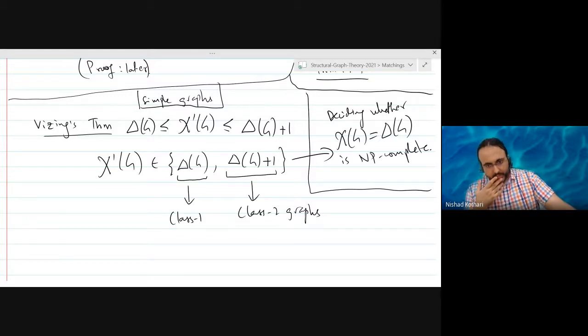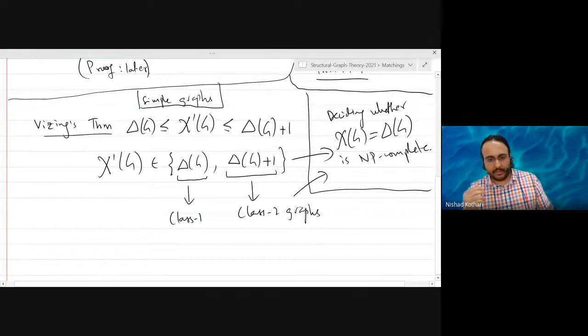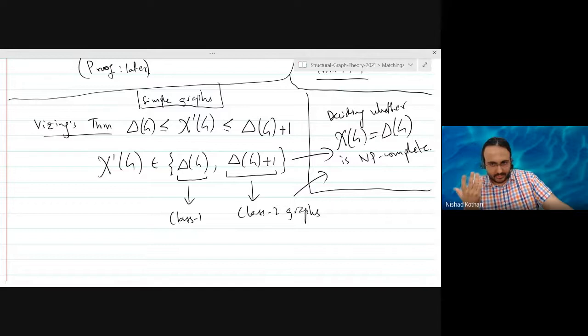And what Ananya is asking is, is there a characterization? Deciding whether a graph is class 1 or class 2 is NP complete, so you don't expect any good characterization, any characterization which would lead you to a polynomial time algorithm for the decision problem. The best you can hope for is either necessary conditions or sufficient conditions.